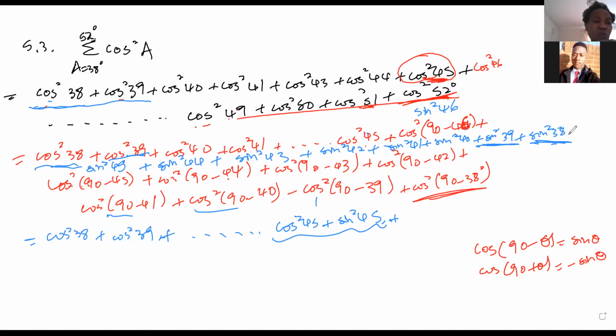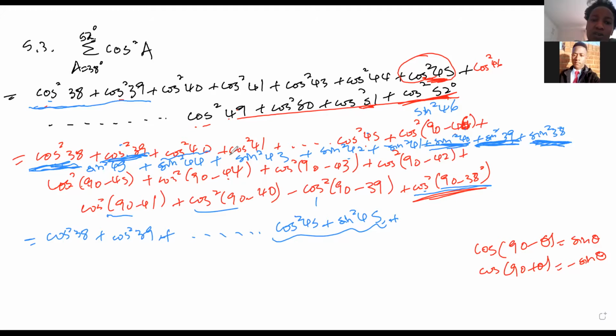At the end, you pair cos squared 38 with the sine squared 38, it gives you 1. You pair cos squared 39 with the sine squared 39, it gives you 1. You pair cos squared 40 with a sine squared 40, it gives you 1.